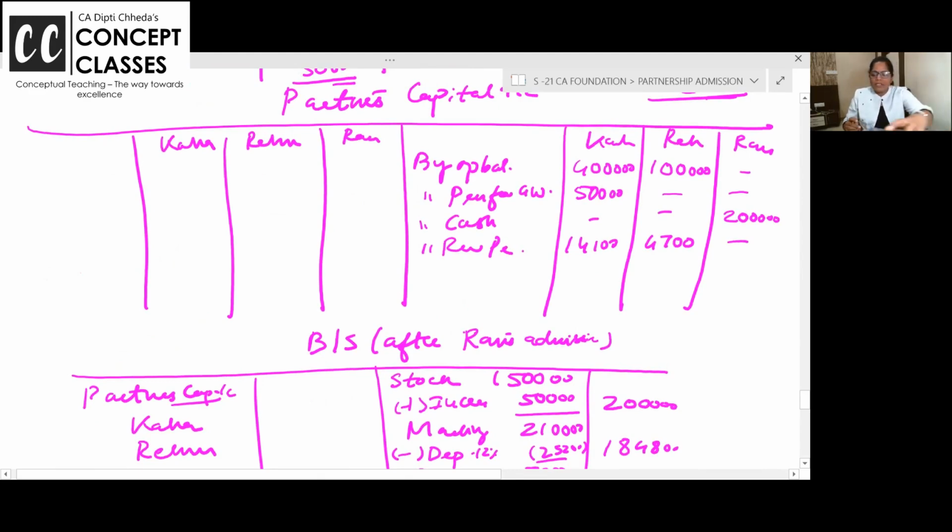Can we adjust the capital accounts now? You can take the figures from your table, working note 3. How much closing balance do you want? 2 lakh, 133,333 and 2 lakh.